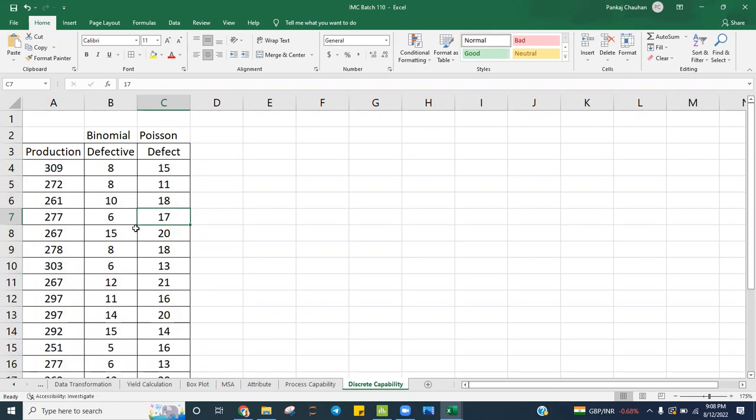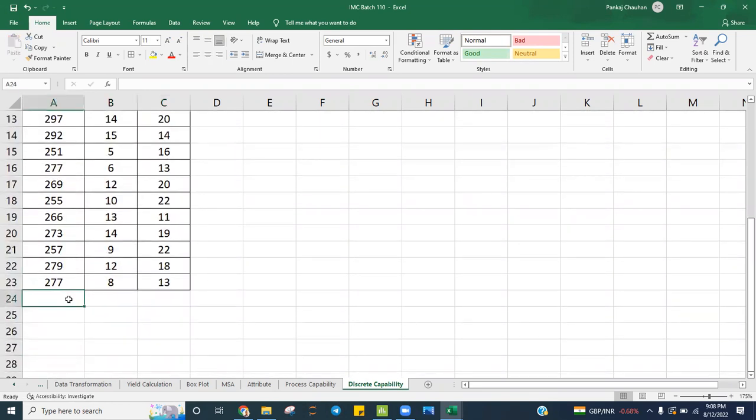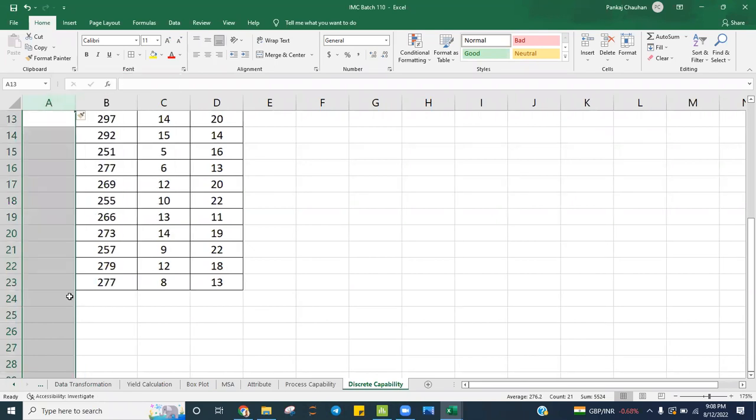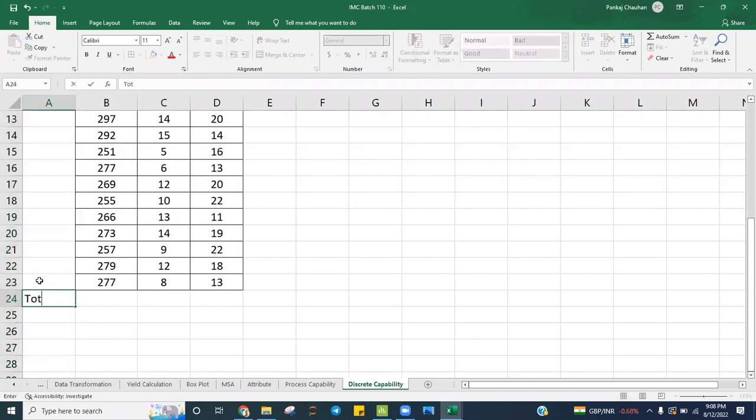I will first be calculating the totals. So if you see, this is the total production, total defectives, total defects.